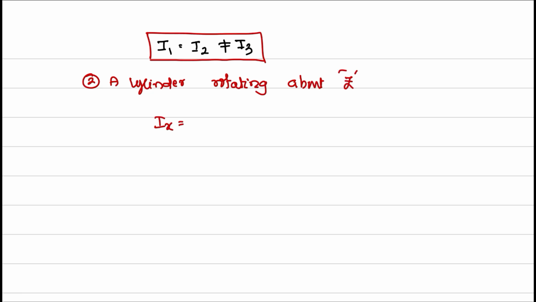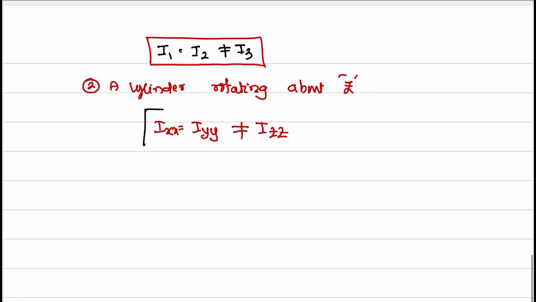Ixx is equal to Iyy but not equal to Izz. This also we can say is a type of symmetric top.